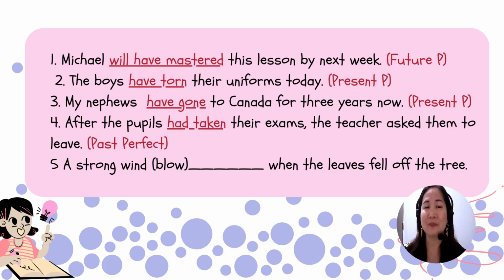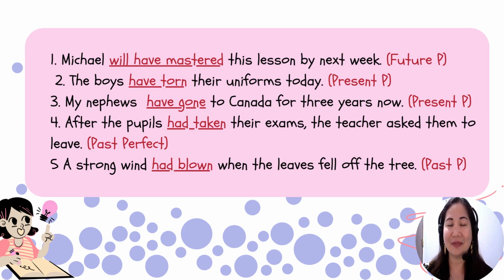And number 5. A strong wind blew when the leaves fell off. Let's read again the sentence. A strong wind blow when the leaves fell off the tree. I think we have the past tense, which is fell.